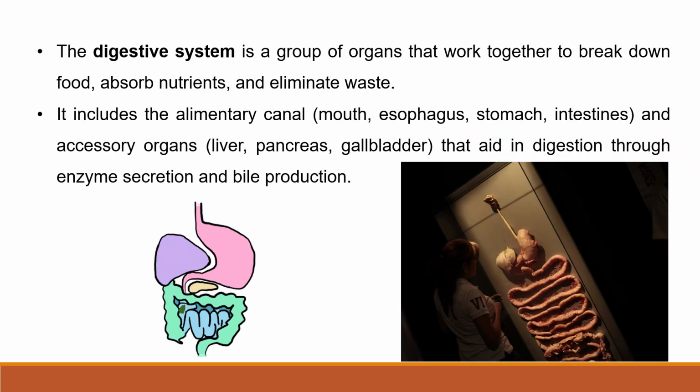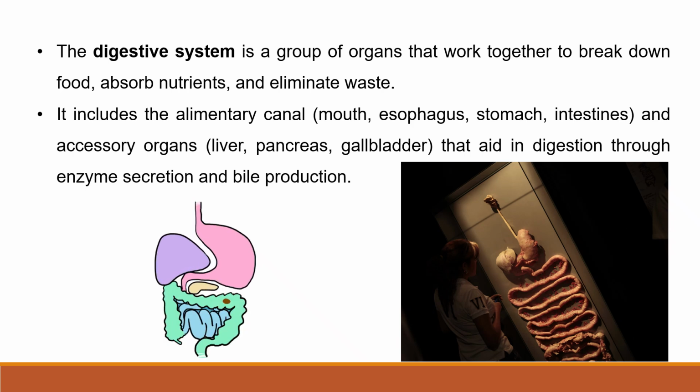The digestive system is a group of organs that work together to break down food, absorb nutrients, and remove waste. So here we can see the digestive system is divided into two types: the alimentary canal, which includes the mouth, esophagus, stomach, intestines, and the anal canal, and the accessory organs like the liver, pancreas, gallbladder, and salivary glands, which help digestion through enzyme secretion and bile production.